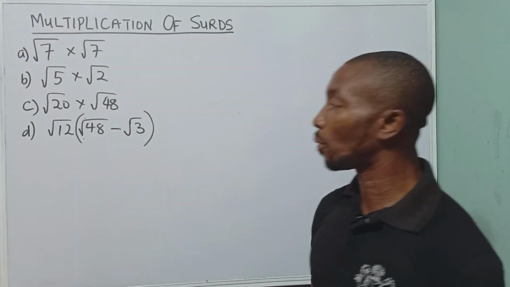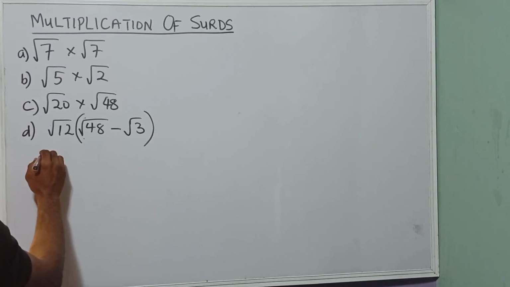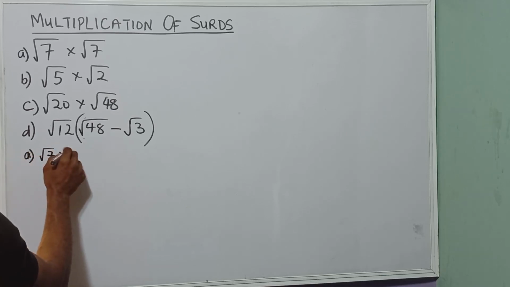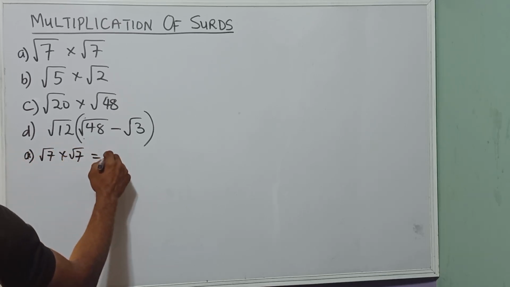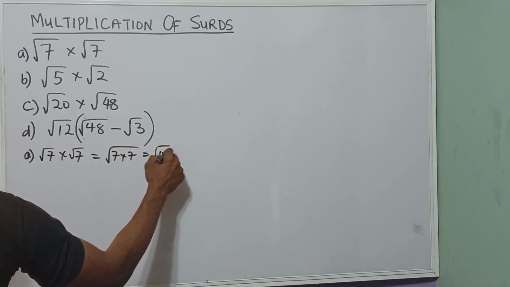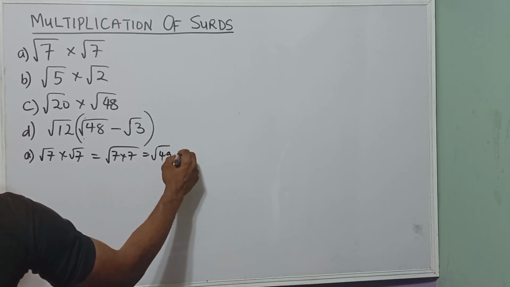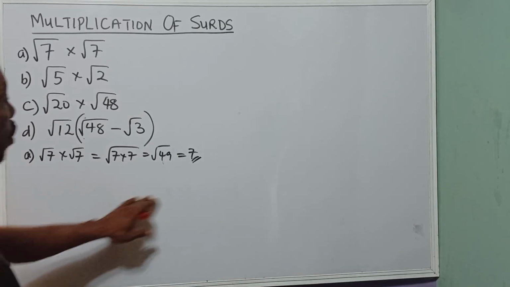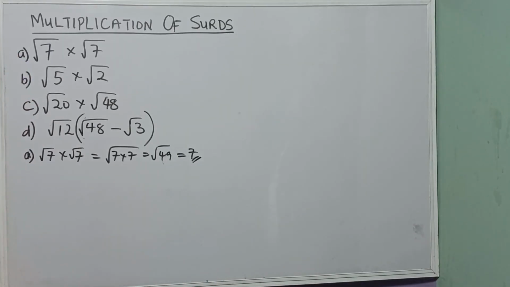For example, our first example here is root 7 times root 7. Root 7 times 7 will give us root 49, and root 49 will still give us 7. So root 7 times root 7 automatically leaves us with 7.